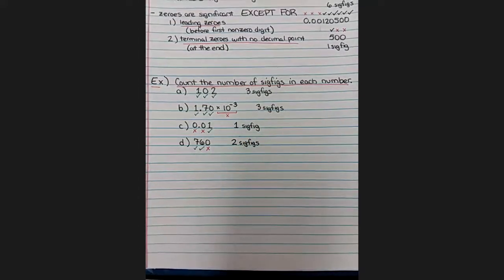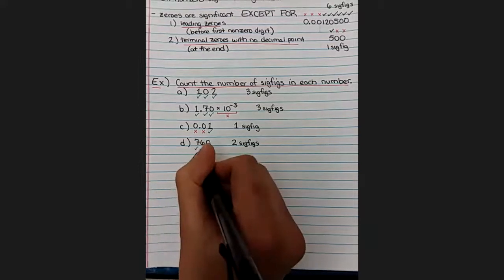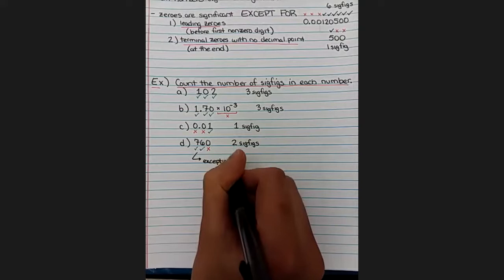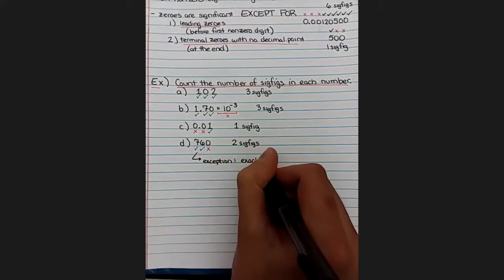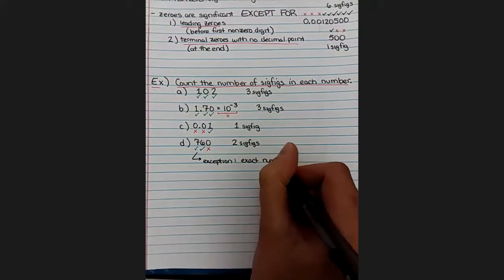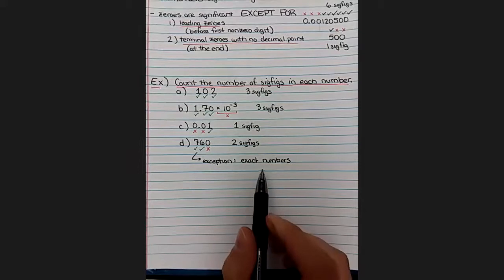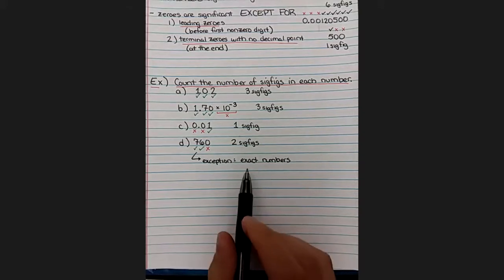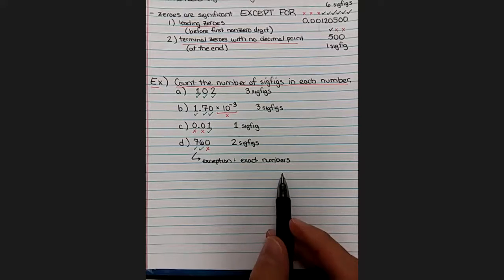There is one exception to this terminal 0 situation that I want to include here. And that is when you're measuring an exact number. And what I mean by an exact number is something that can't have a fraction of it. Like if you were counting people, you can't have 2.3 people. You can have 2 people or 3 people, but you can't have a decimal or a fractional amount of people.